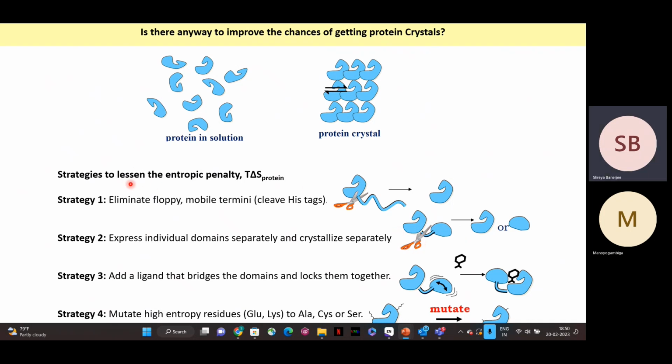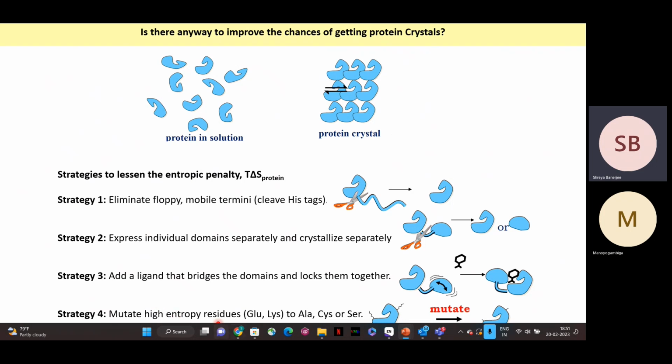That also helps to lessen the entropic penalty. Another thing that you can do is bridge the 2 domains and lock them together. If the 2 domains are locked together, then they will not have that much entropic freedom in solution, and so the entropy loss on formation of the protein is not that high.